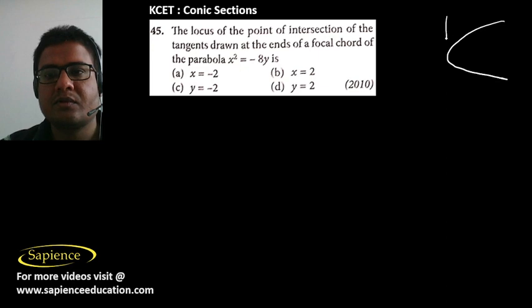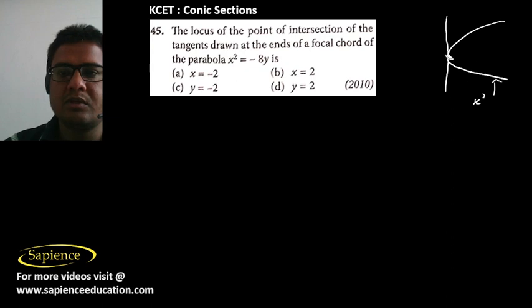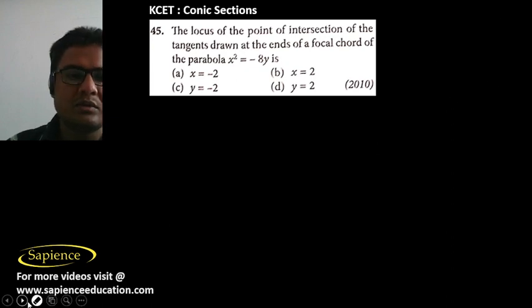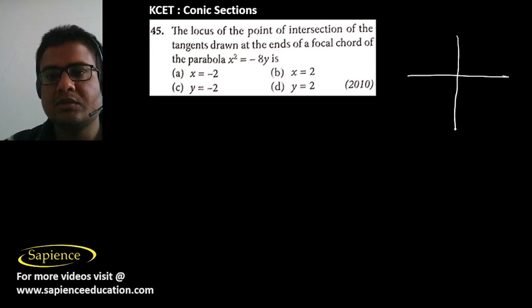This is a parabola whose equation is x square equal to minus 8y, which means the parabola is downwards, concave downwards. So the equation of this is x square equal to minus 8y.